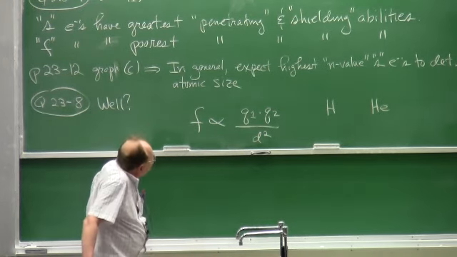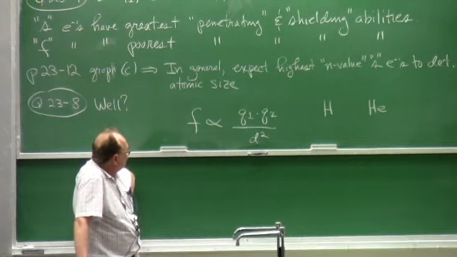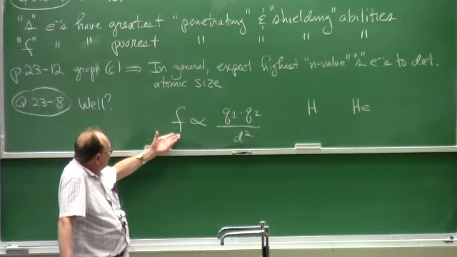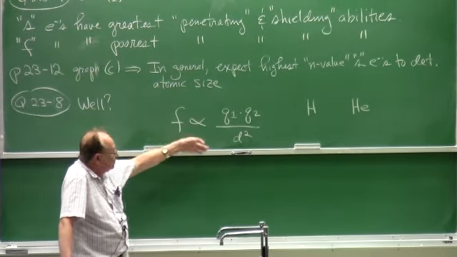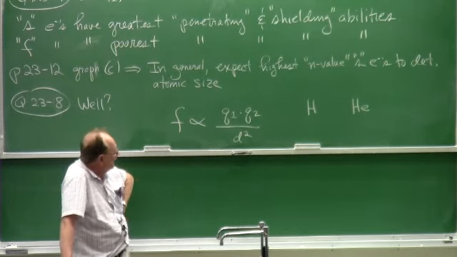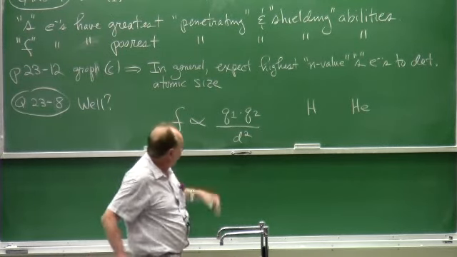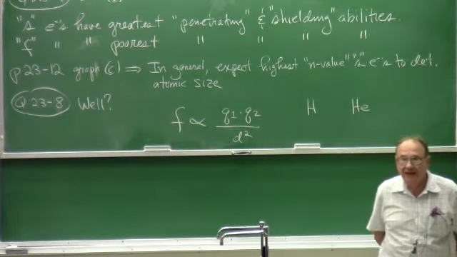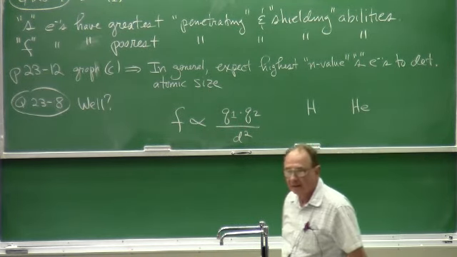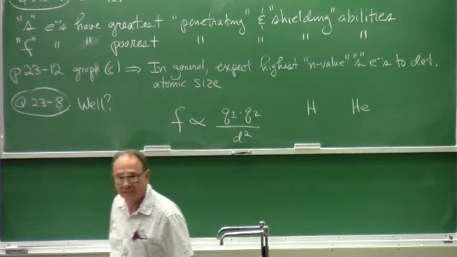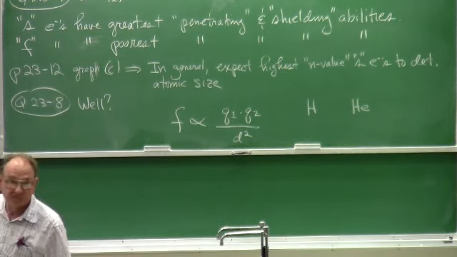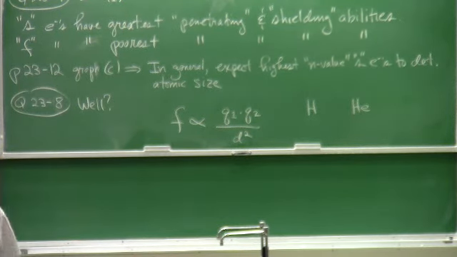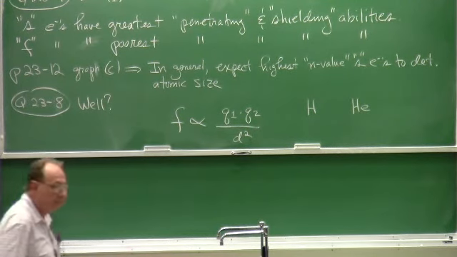If the only thing it says to you is that a small letter f is proportional to Q1 times Q2 divided by d squared, and you don't know what these terms mean, this is nothing but an algebra puzzle. It doesn't mean anything. What does it mean?